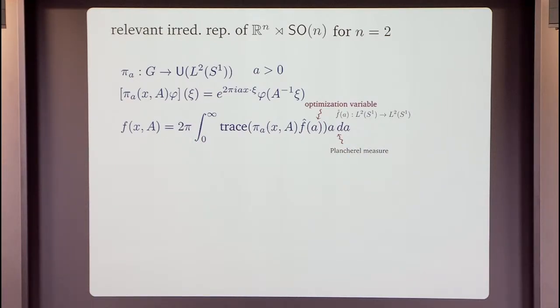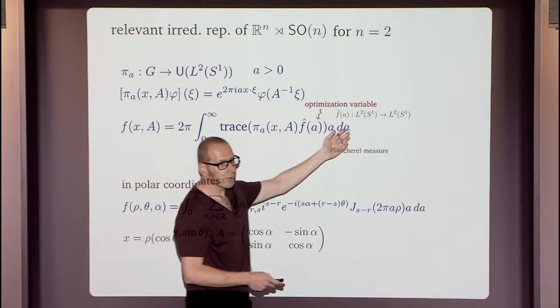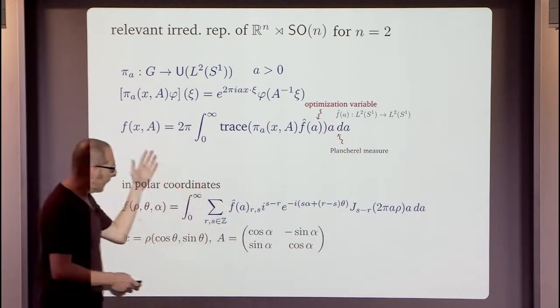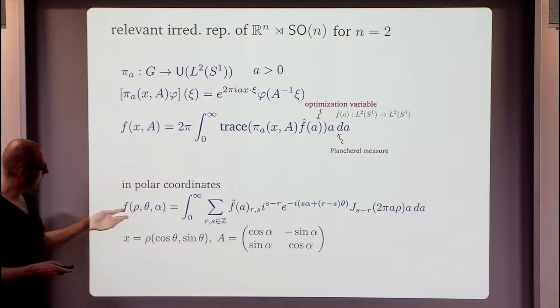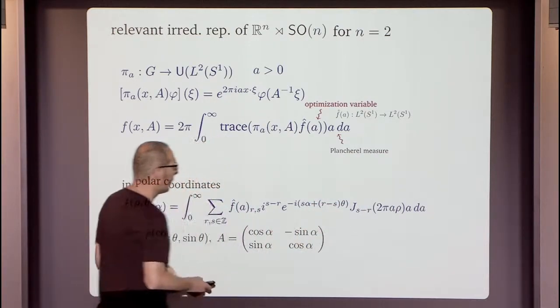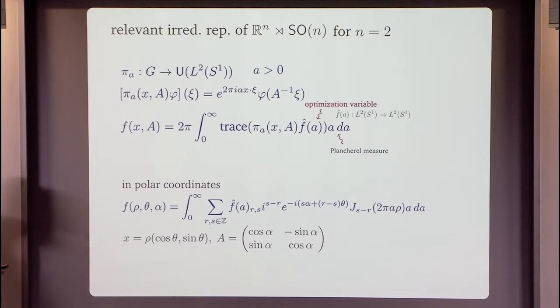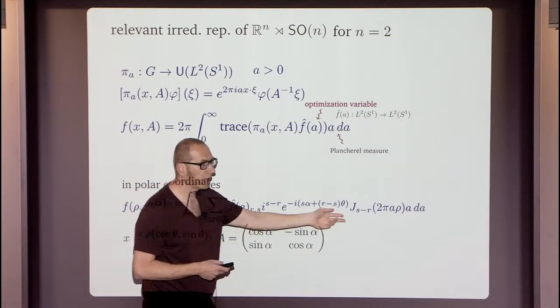Okay, so that's the task. Then we can write down a basis of these spaces, and then we can get everything concretely in terms of polar coordinates, and then f in terms of polar coordinates is written in this way. So we write everything down in a basis, and the basis consists of some sines, cosines, some Bessel functions, and so on.